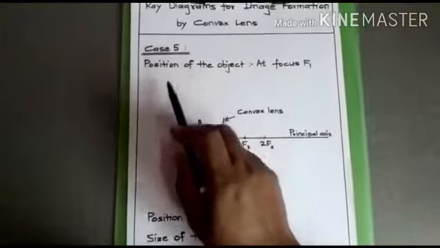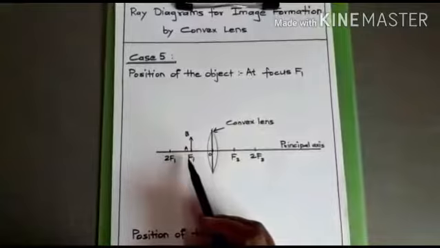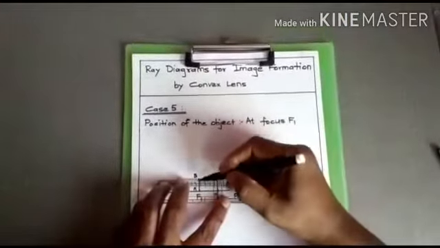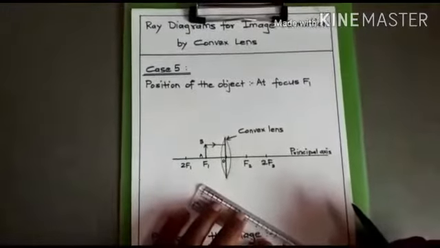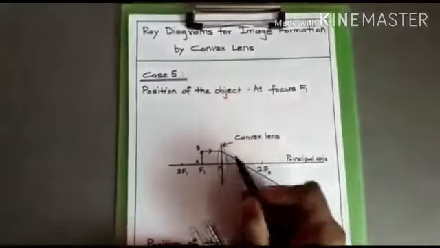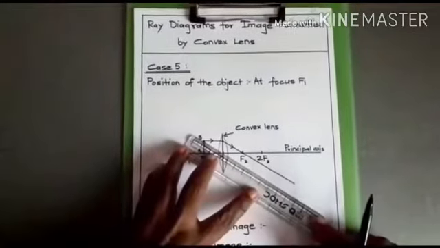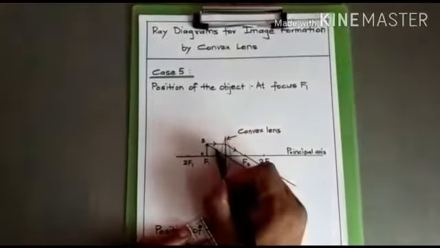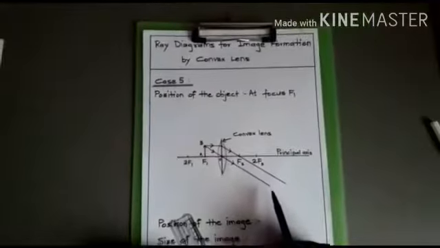Case 5. Position of the object at focus F1. Rule 1. Rule 2. So this is an interesting case.